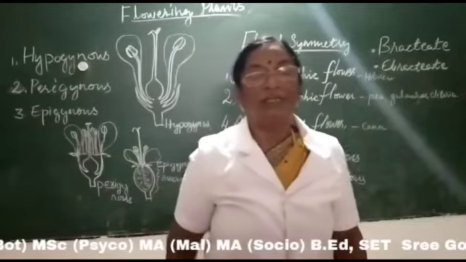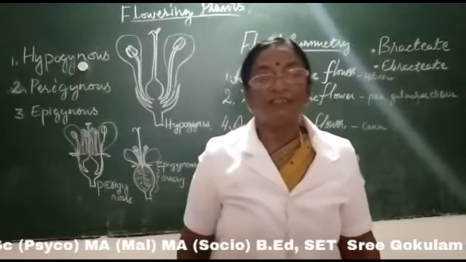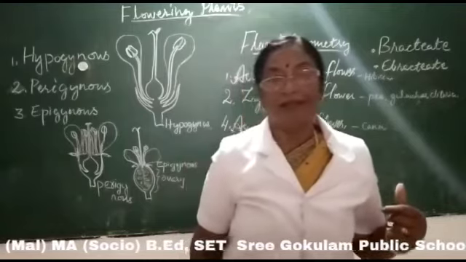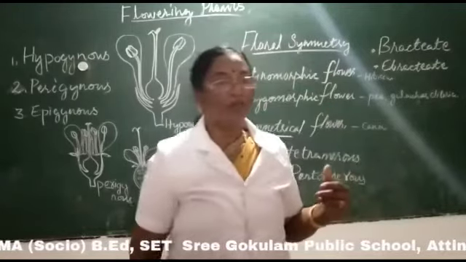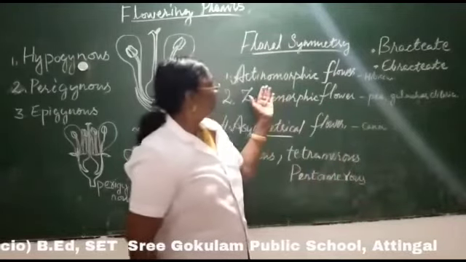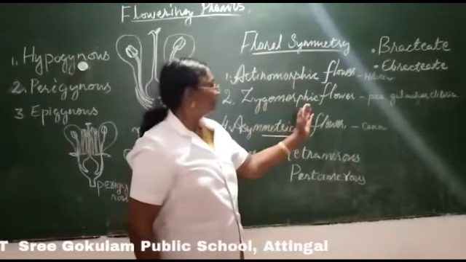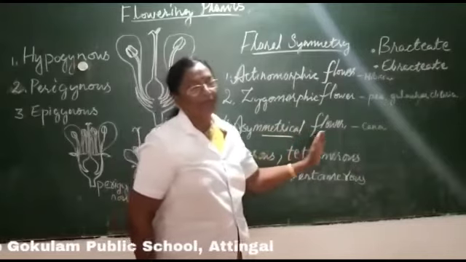Next we have to study the classification of flowers based on floral symmetry. Based on the symmetry of the flower, it can be classified into actinomorphic, zygomorphic and asymmetrical.